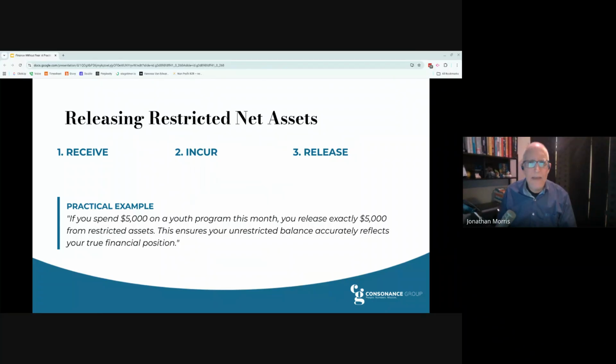Exactly. And that way your financials show that you used the restricted funds for the intended purpose, and it would show your unrestricted category accurately. So it's not artificially low or high because the releases haven't been booked, or because you've released too much too fast. It really helps you, again, tell the story of your actual operations.